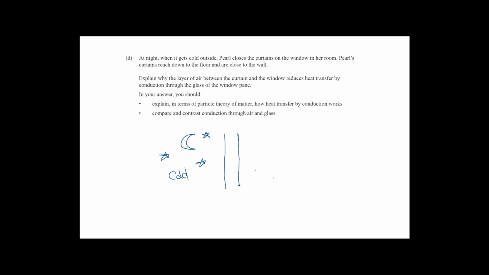So remember what temperature is. Temperature is the average energy of the air, the average sort of movement of the air particles. And what we're doing here is we're creating kind of a void that sort of absorbs that, and it's an insulator.